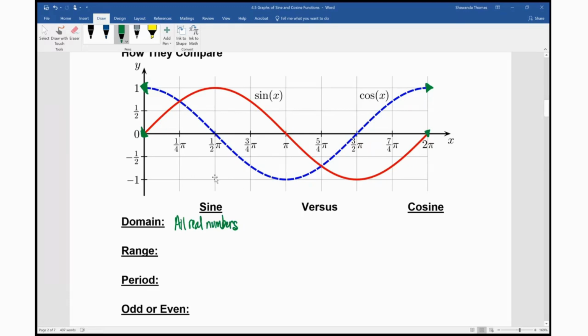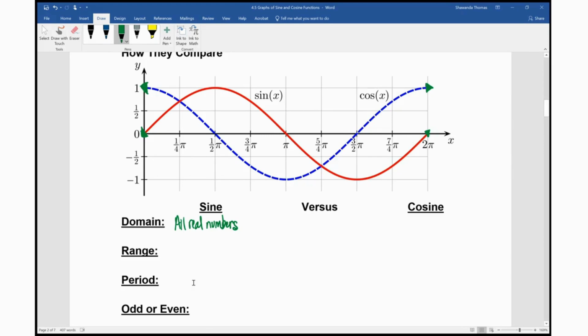However, the range is not all real numbers. The range is on the y-axis. What is the lowest y value and what is the highest y value? Can anyone tell me the lowest and highest y value for sine? Yes, -1 and +1.